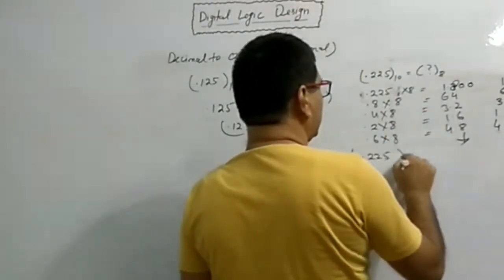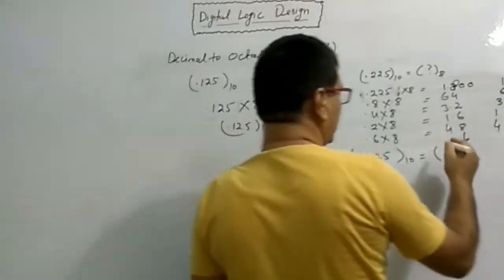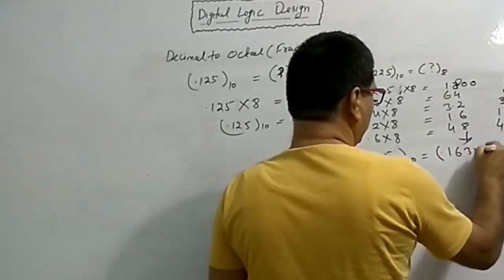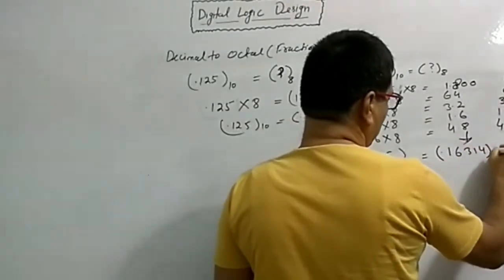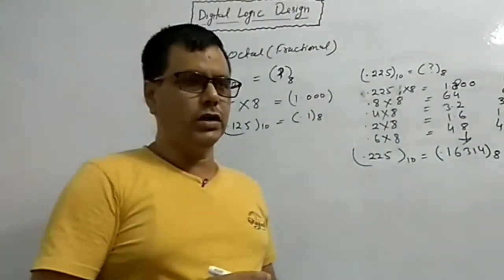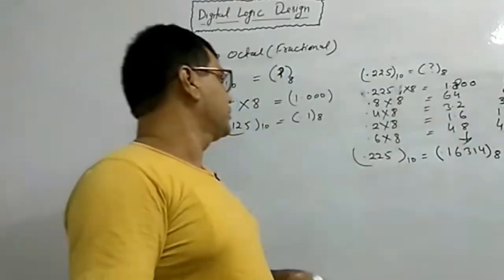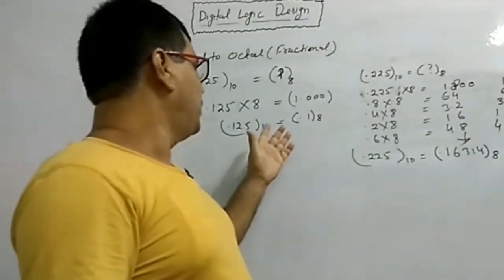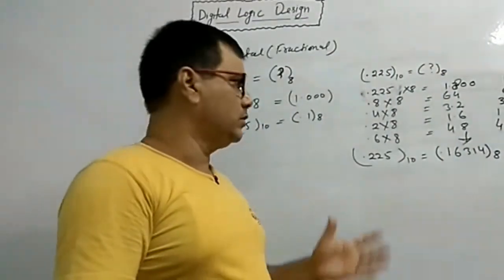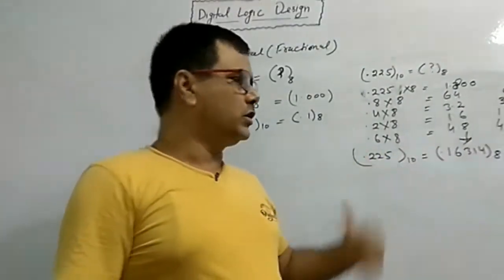So 0.225 in decimal is equal to 0.16314 in the octal number system. So the process is very easy. We just multiply the decimal number by 8 and we get the equivalent octal.